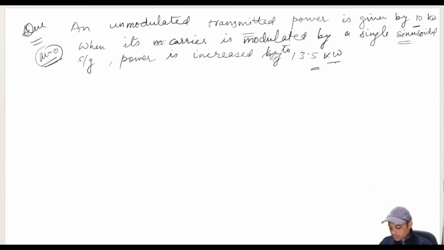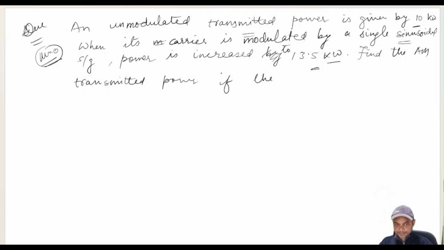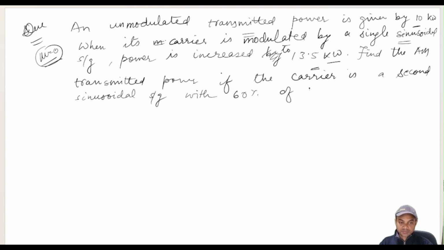Then the question is: find the AM transmitted power if the carrier is also modulated by a second sinusoidal signal with 60% of modulation.